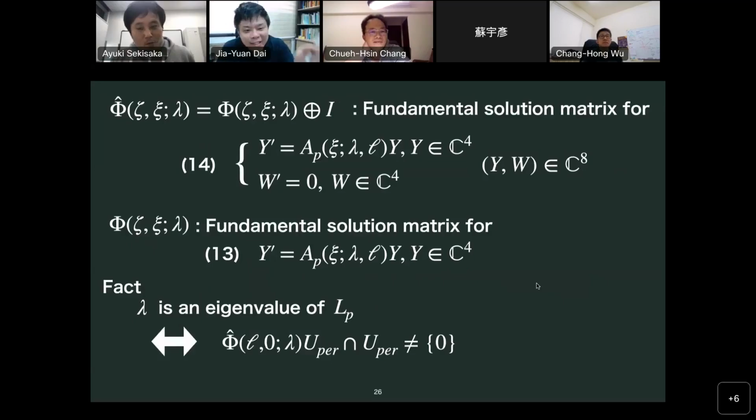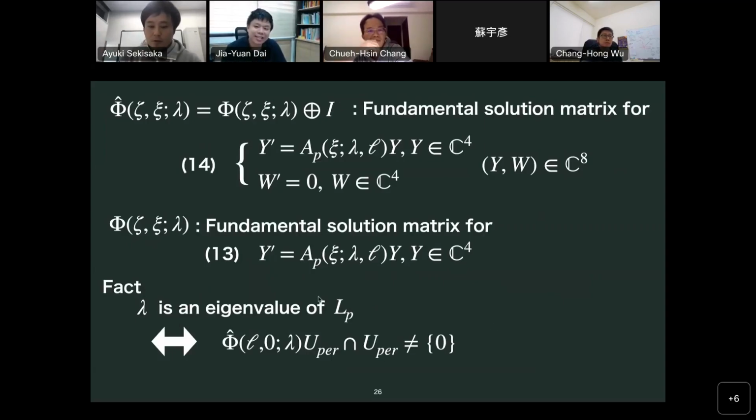Maybe we can ask, do we have to consider the extended system to study the stability? Is W prime equal to 0 very important or not? Yes, this extension is important because periodic boundary conditions are realized as linear subspaces.